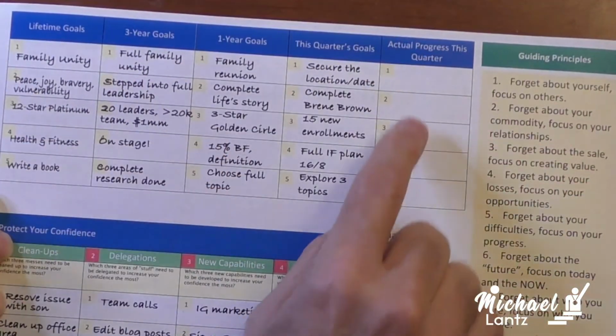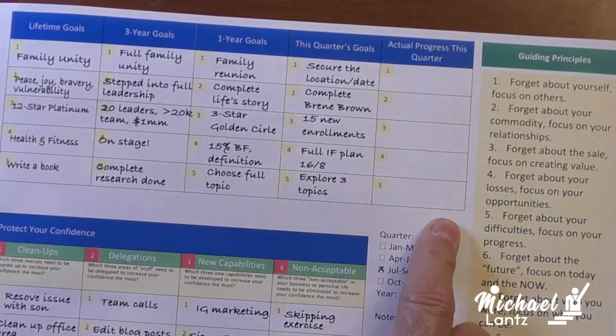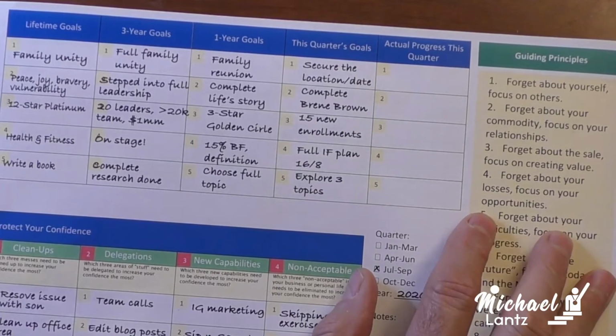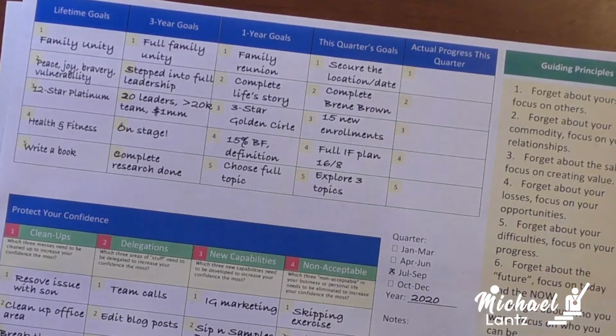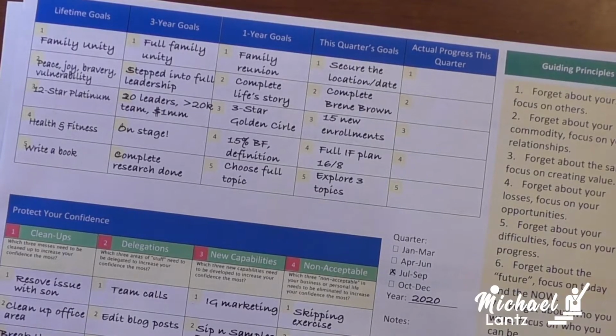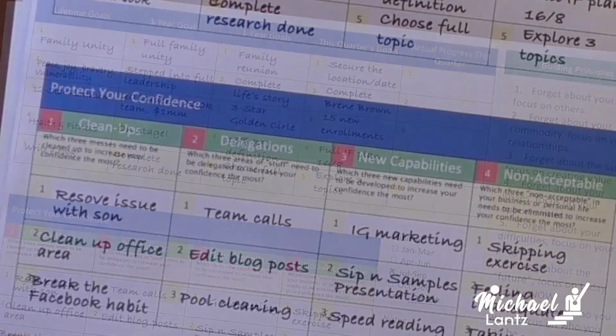So at the end of each quarter, you would list what you actually did as an accountability tool, because you're going to save these, and then you can look back and you can just see your journey. Because sometimes looking backwards is just as important as looking forwards. Looking backwards allows you to feel good that you're making progress.